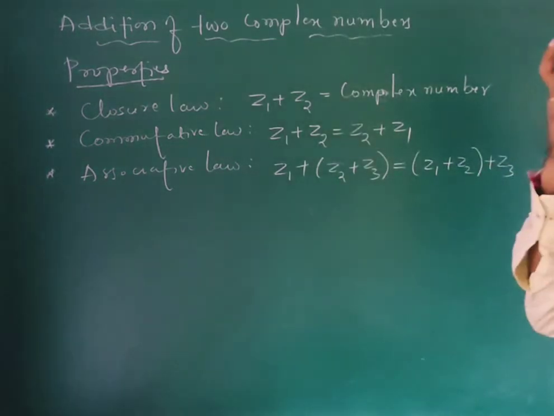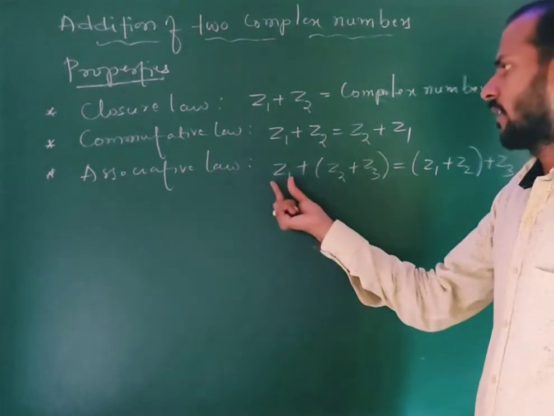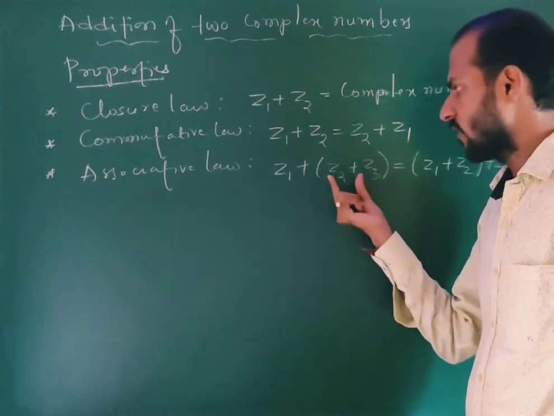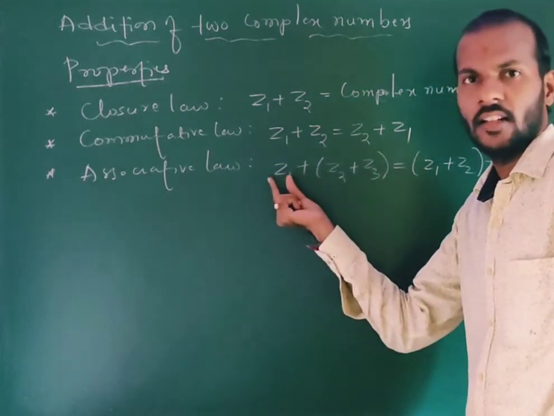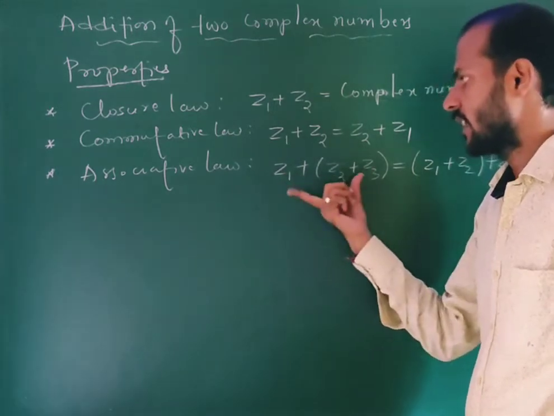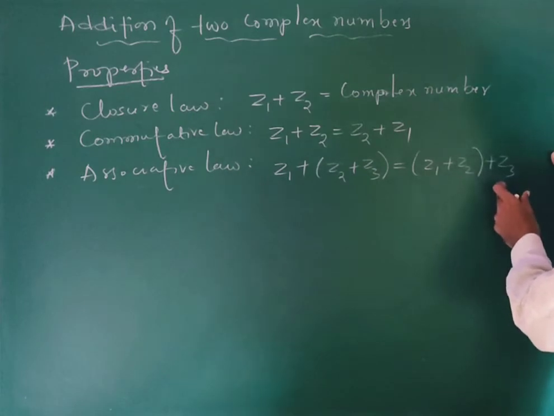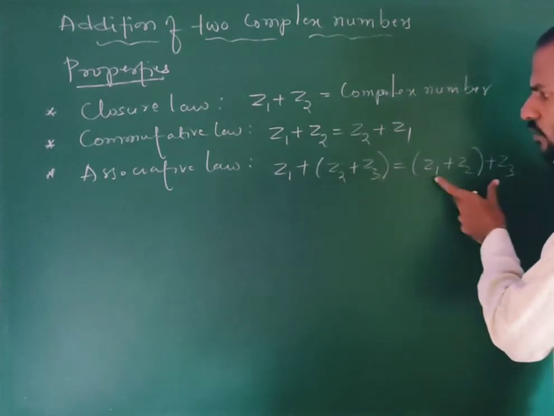Here what we are doing is, adding these two first, and later after adding we are adding the last term, that is Z1 in LHS. Similarly in RHS we are first adding the first two terms, later the third term. Hence LHS equals RHS.